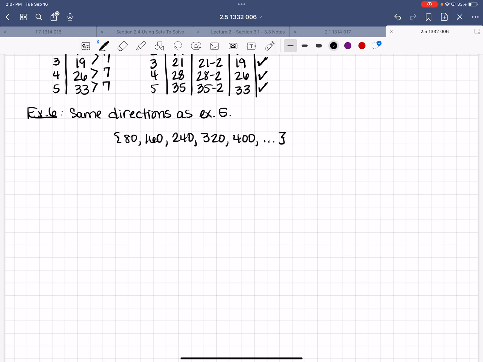So I'm going to start off with n because it said the directions were the same. So that means the set with n in it is the same: 1, 2, 3, 4, 5. My final set needs to be 80, 160, 240, 320, 400.